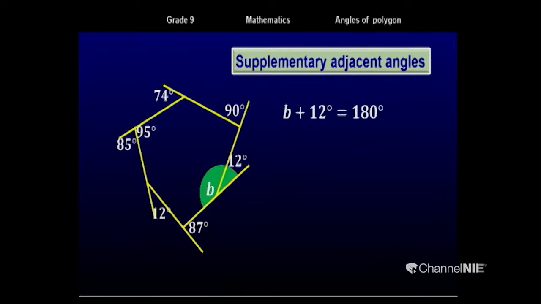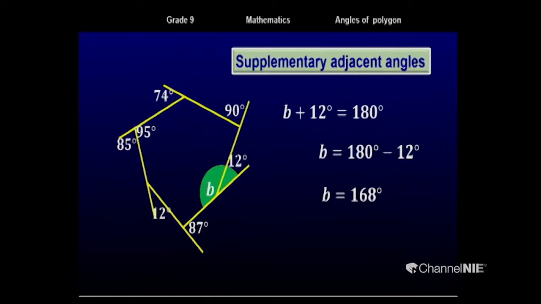You know the value of A, so you can substitute it. B plus 12 degrees is equal to 180 degrees. This is the equation. So B is equal to 180 minus 12, that means B is equal to 168 degrees.